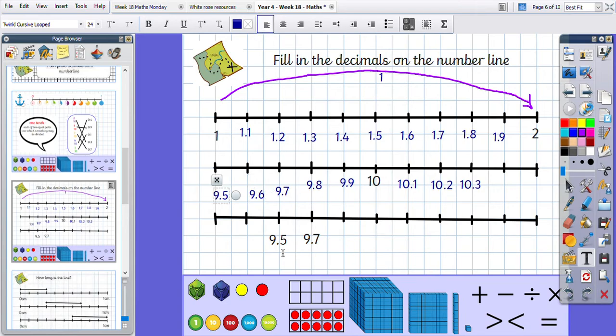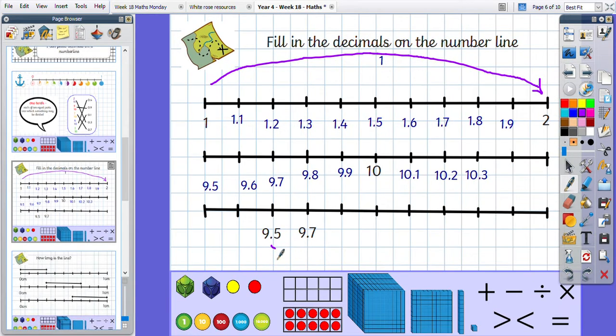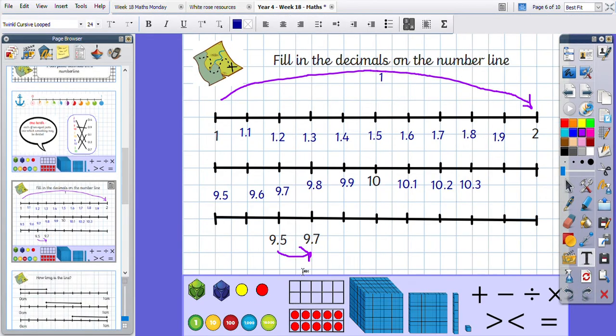And finally here we have 2 intervals together, but we're not counting in 1/10 anymore, we're counting in 2/10. So if each interval is 2/10 or 0.2, then what's our next number going to be in the pattern?